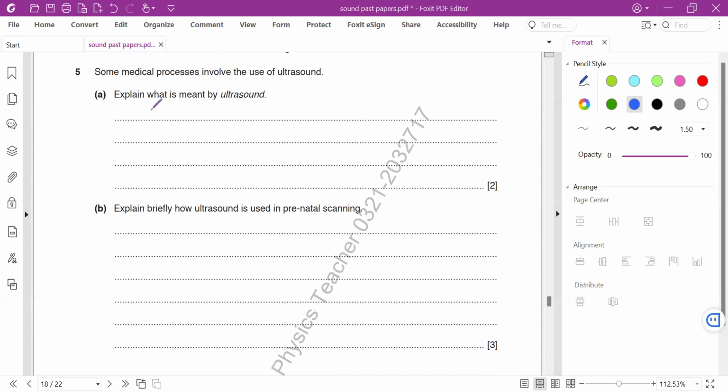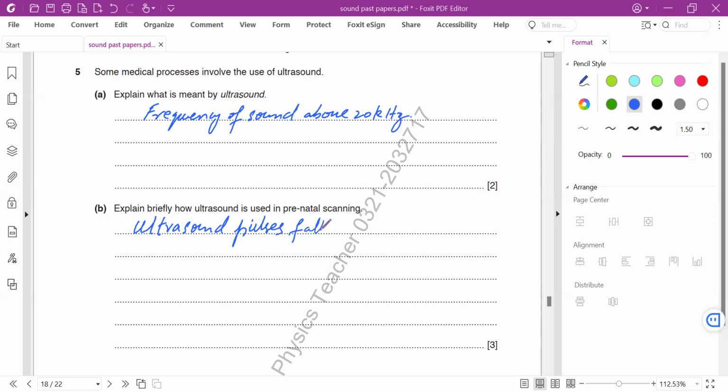Explain what is meant by ultrasound: frequency of sound above 20 kilohertz. Explain briefly how ultrasound can be used in prenatal scanning. Now this is the application. Ultrasound pulses fall on the fetus.